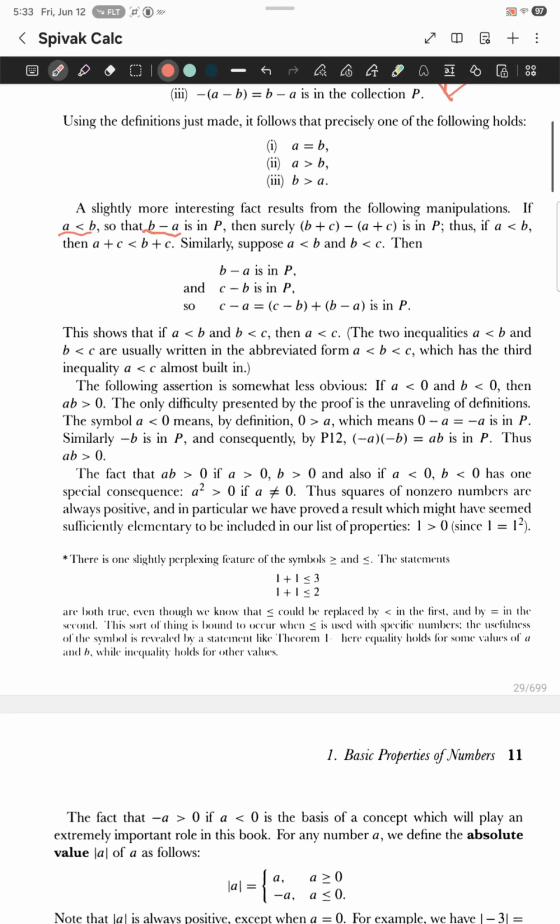So he briefly touched upon something that's less obvious. The only difficulty presented by the proof is the unraveling. So here, A is less than 0.